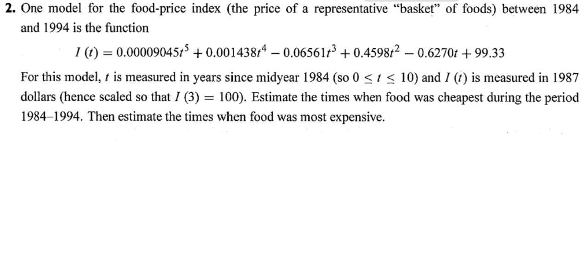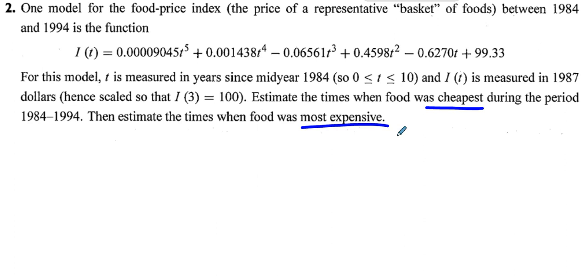So then there's this economics example. So you have a model for the food price index between 84 and 94. And so you've got this function, and you're looking for when food was cheapest and when food was most expensive. So you're looking for the min and the max on the interval.